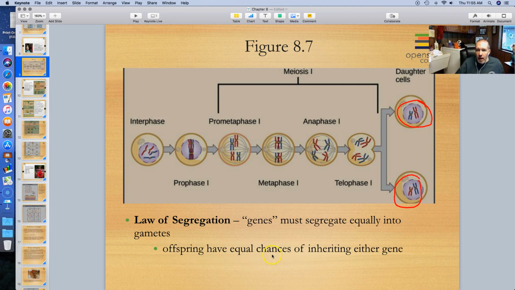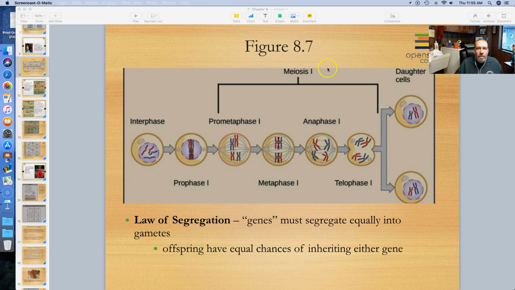So they have equal opportunities of inheriting genes, basically. These genes are segregated equally into the gametes, and again, you're basically giving either one of these daughter cells an equal chance of inheriting any given gene that's found in the parents.